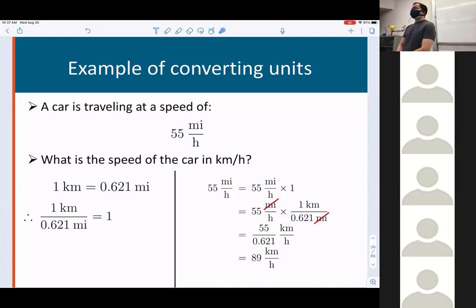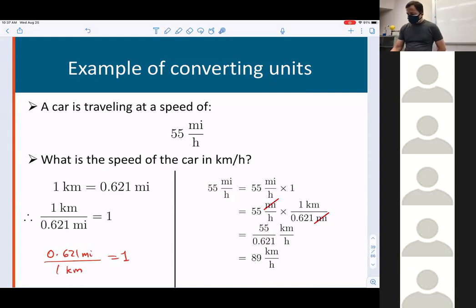Questions on that? Now keep in mind that I could have also taken this equation here, and I could have instead said 0.621 miles divided by 1 kilometer. That is also equal to 1.